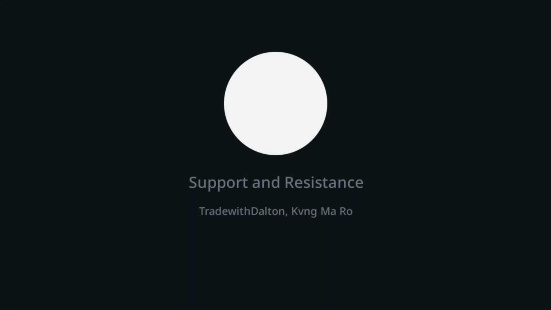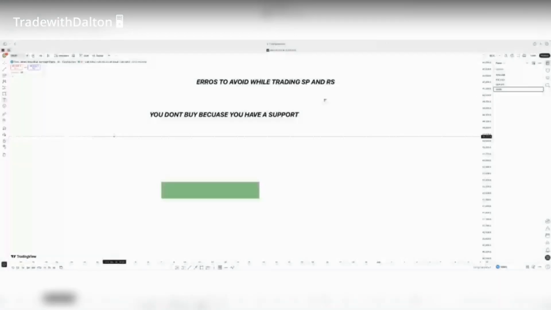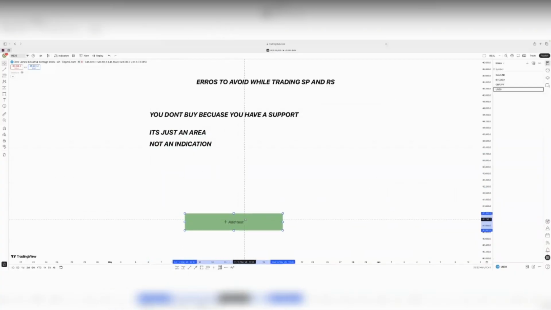A support zone is just an area where you expect price to react from. It's just an area, not an indication. It is where you can say price might buy from this area or price might sell from this area. You don't just press buy or sell except you have a confirmation.